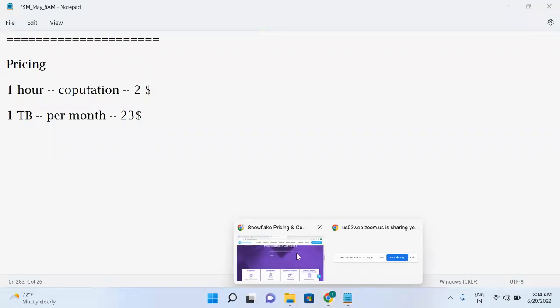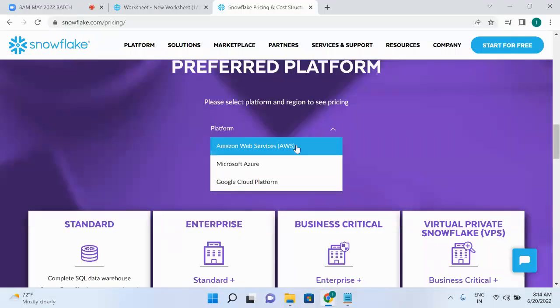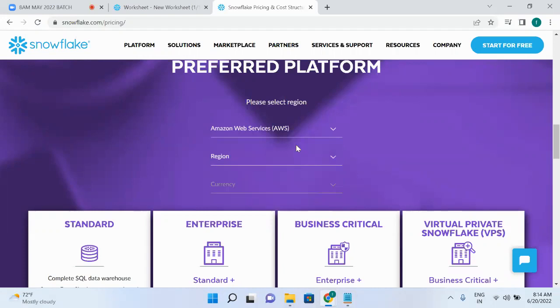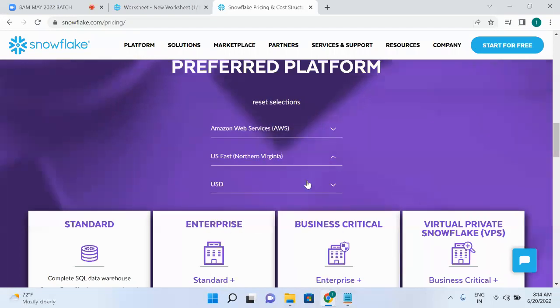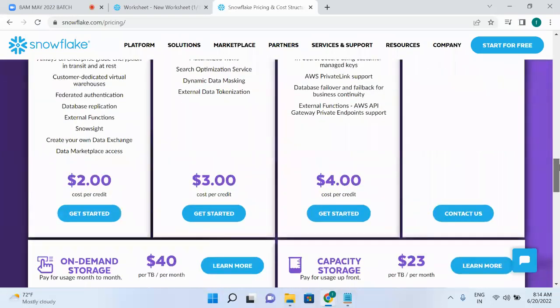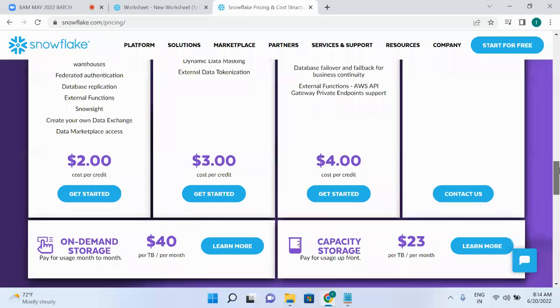Now if you observe, if you select the platform, and then based on the region which we are selecting, this is going to depend on this particular thing. Now when you observe here, AWS, and let me select any one region, you can see the pricing here, right? $2, $3, $4.